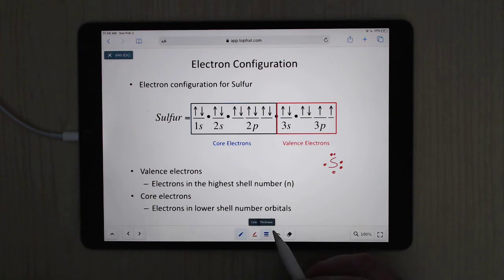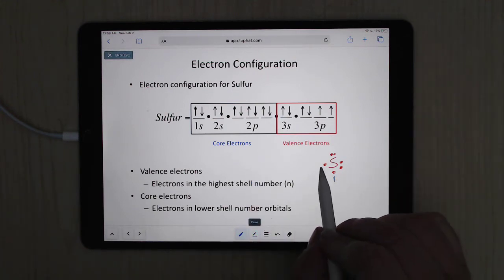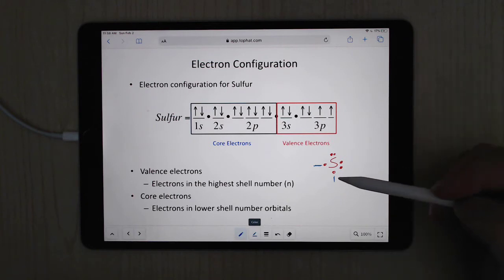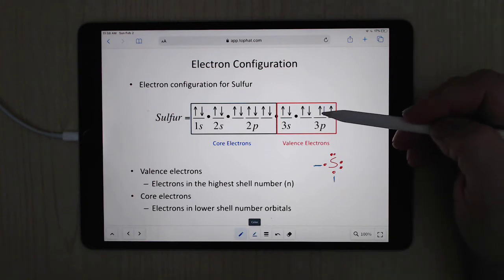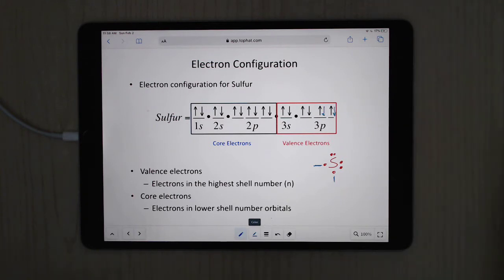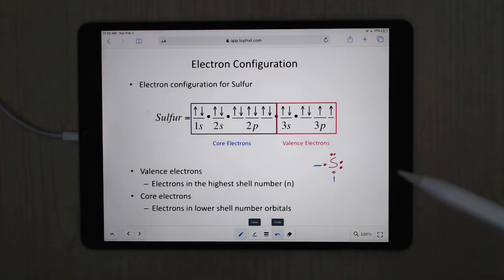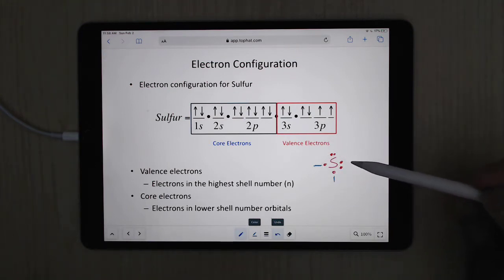And so what it's going to want to do is make a bond here and a bond here, because remember, a bond is 2 electrons. A covalent bond is 2 electrons. And so if it pairs up, one here and one here, if it shares, it can fill up its octet. Okay, and so this is why sulfur and oxygen and whatnot want to have 2 lone pairs and 2 bonds.